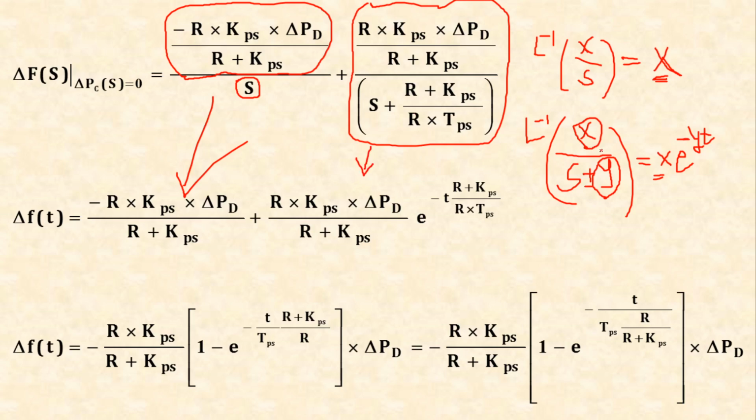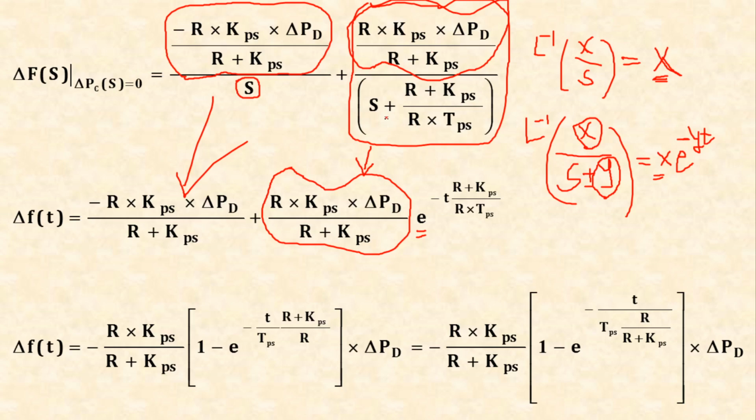So, as per this definition, we have to multiply the constant x. So, this is the constant x, r into kps into delta pd upon r plus kps. So, this is the constant that we will write over here. Multiply with e raised to minus y into t, that means the constant with negative sign multiplied with t.